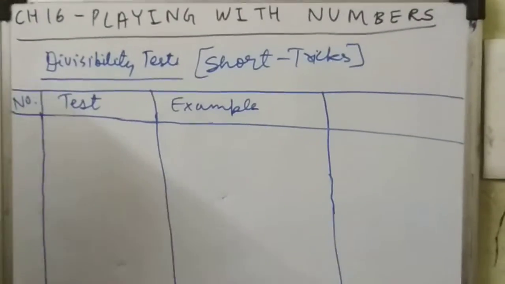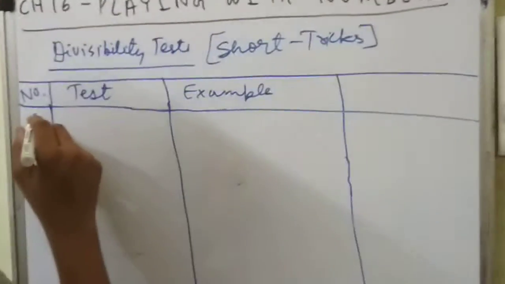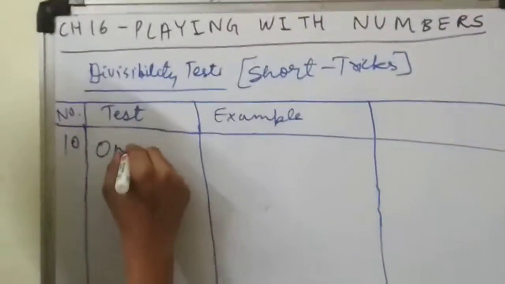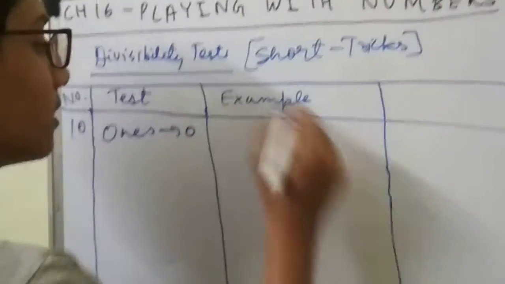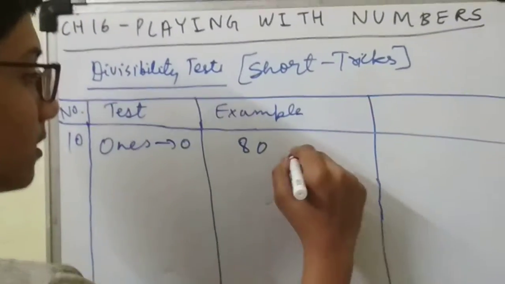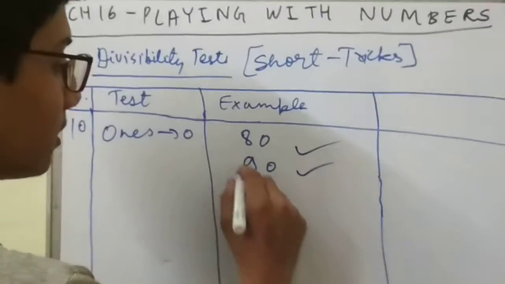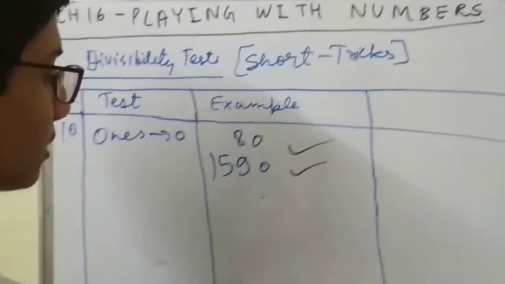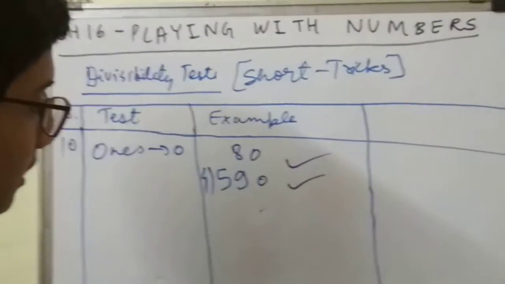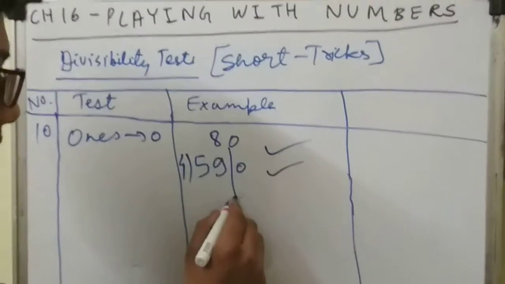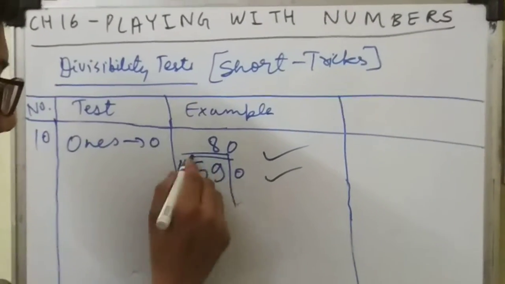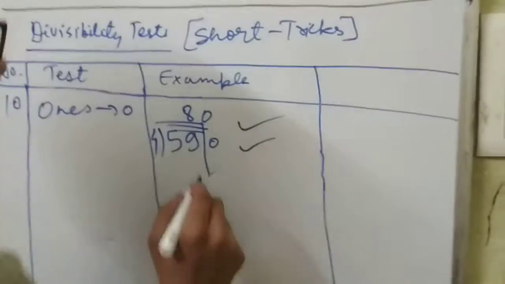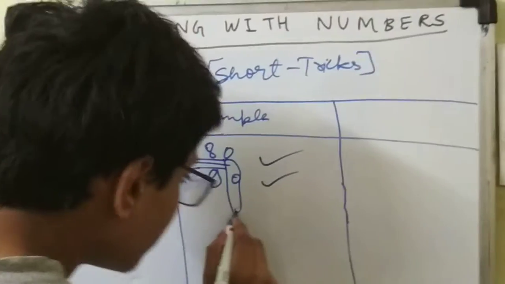Now the next number which is given in your book is 10. What about 10? Ones place should be 0. Simple. 80, yes. 90, yes. 590, yes. 1054, no. Regardless of the digits given, the rest on the left side of the unit digit, you will be focusing only on the unit digit.